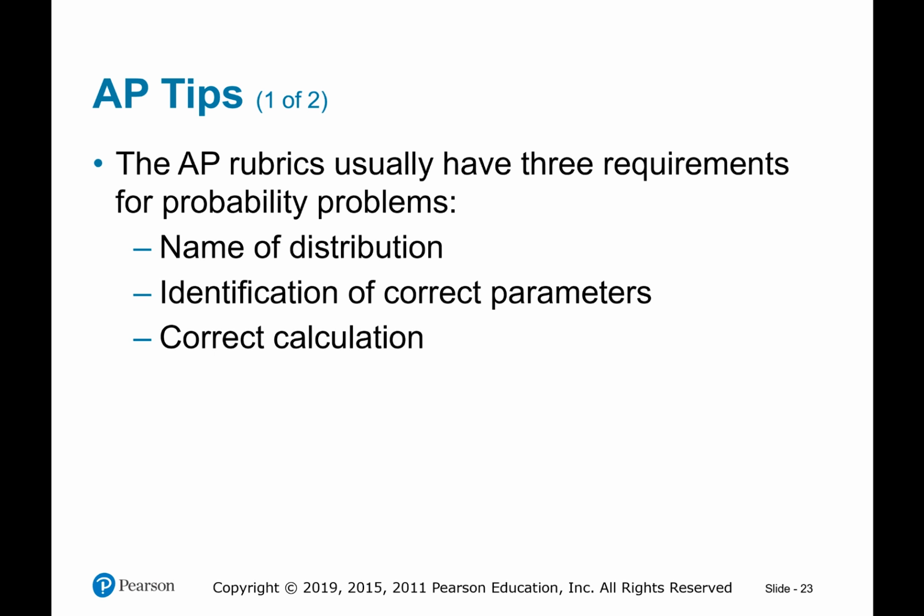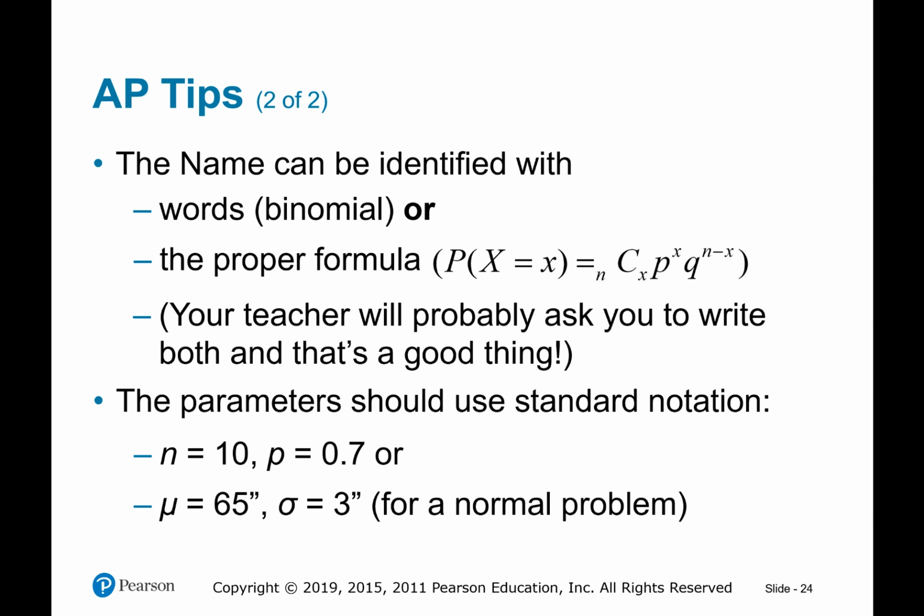Make sure that you're writing out the correct parameters, and for these, you need to have the right calculation. The name, you can say it's binomial, it's geometric, it's normal. Have the proper formula. Use standard notation for parameters. Don't make up your own stuff.